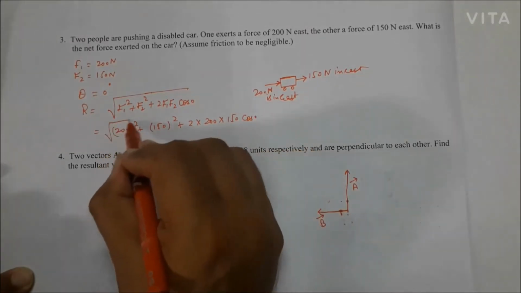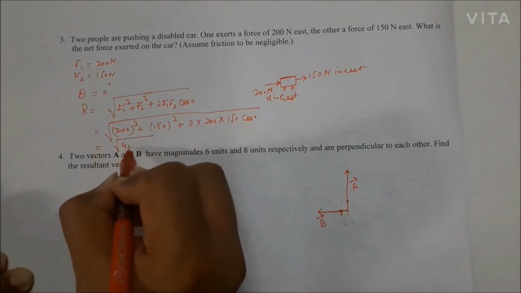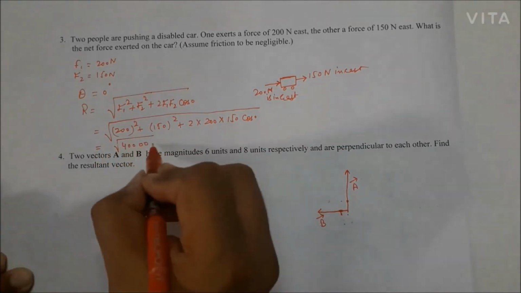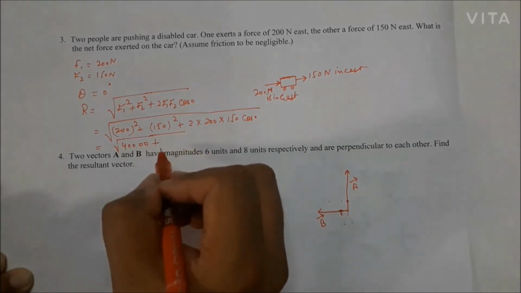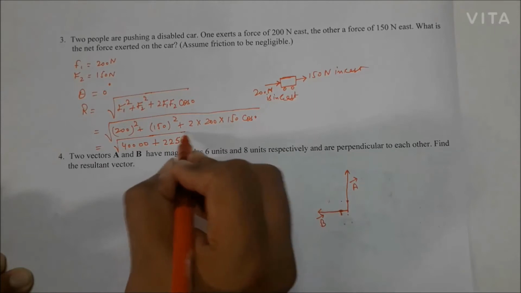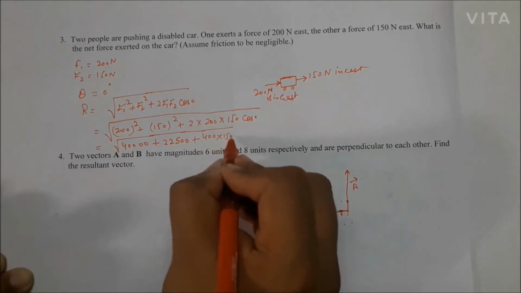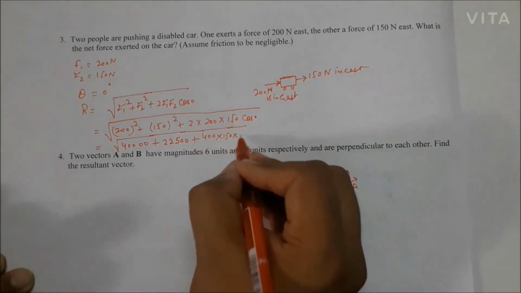Now cos of 0 is 1. Now this comes out to be root of 40000 plus 150 square, which is 22500, plus 400 into 150, now cos 0 is 1.